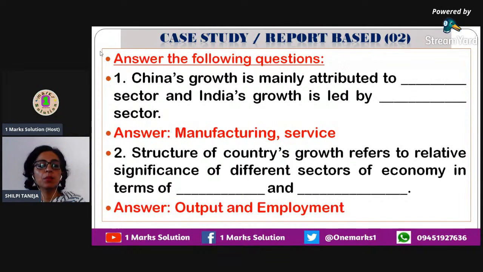When people get employed, they will be increasing the production, they will be earning incomes, and then that will be improving the GDP as well as the standard of living of the people. So growth rate refers to the increase in output as well as employment. If there is growth without creating employment in the economy, then that can be called jobless growth, right?